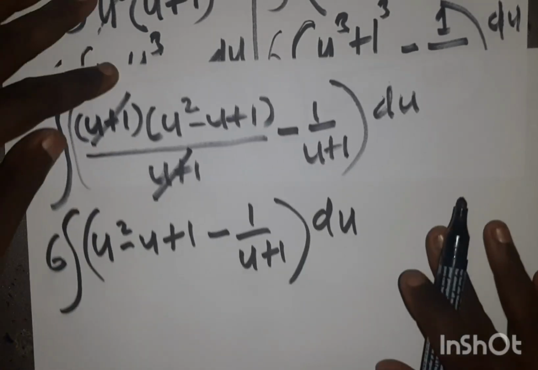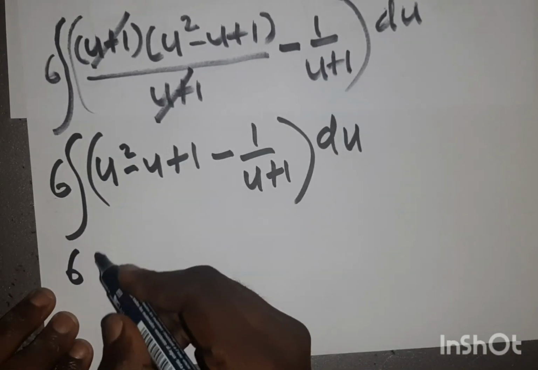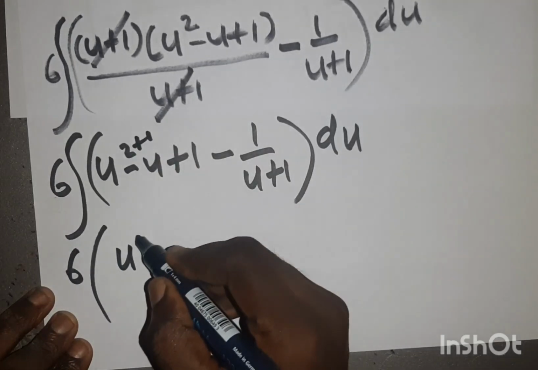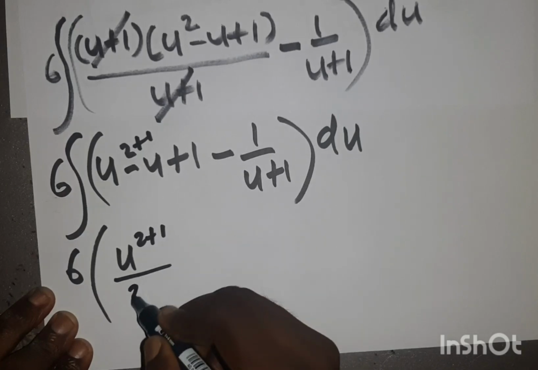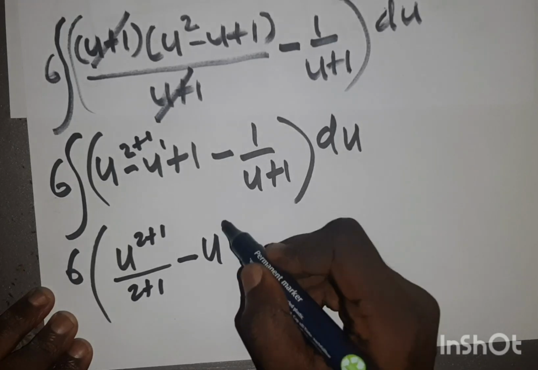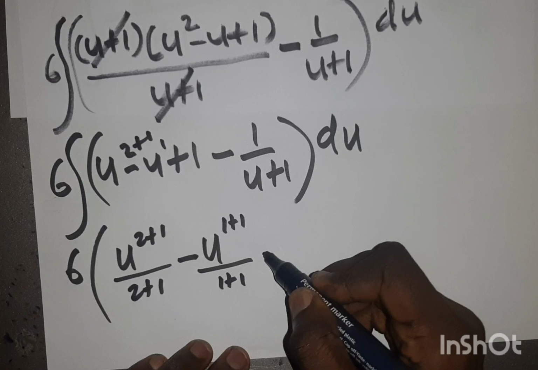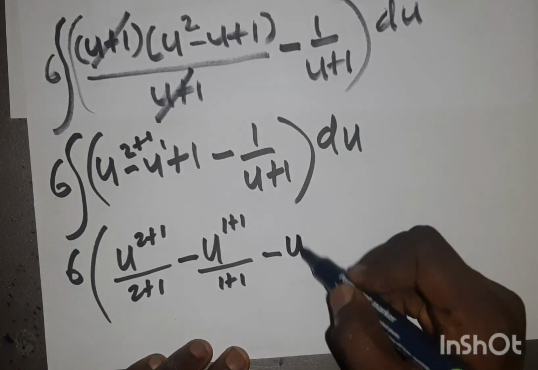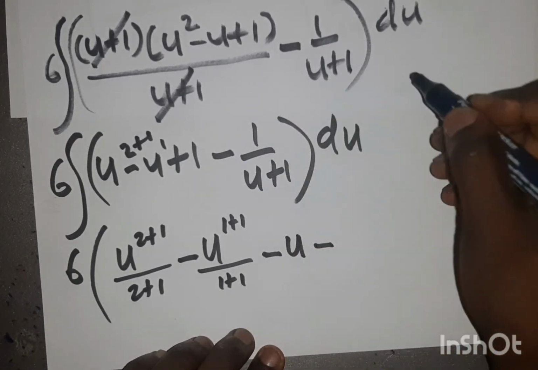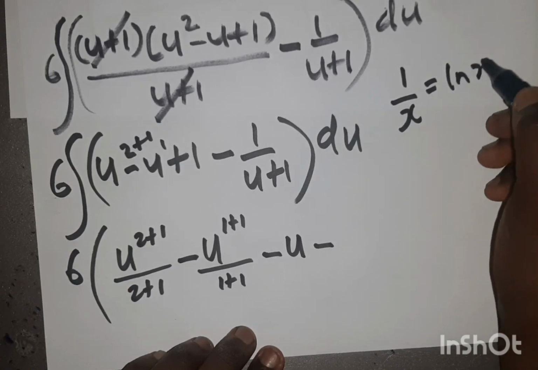Integrating separately, I'll have 6, and then times, this is now u to the 2 plus 1 over 2 plus 1, we know the drill, minus, this u has a 1, so it's going to be u to the 1 plus 1 over 1 plus 1, then minus the integral of 1 will just be u, since we are doing it with respect to u, then minus 1 over u plus 1. Remember, the integral of 1 over x is ln of x, so we are doing the same thing.